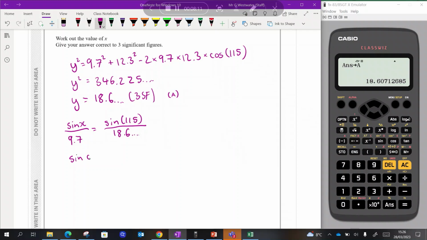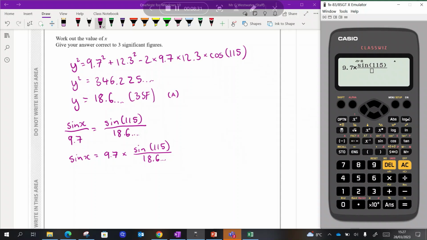So sine x will equal 9.7 times sine 115 over 18.6... So 9.7 times fraction sine 115 over, I stored this under alpha A, hit equals, and I've got 0.47.